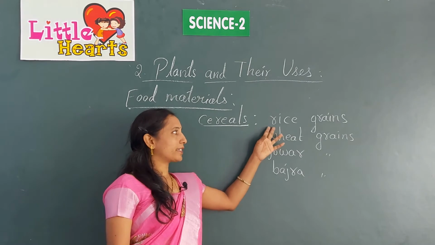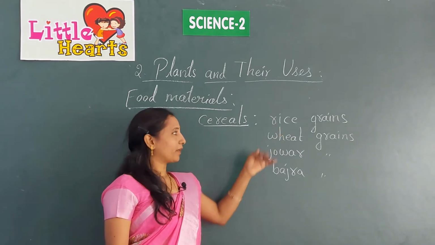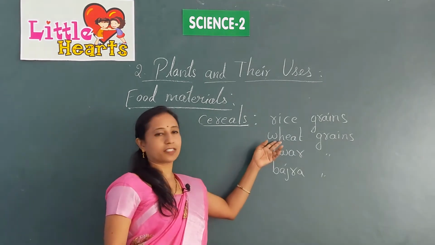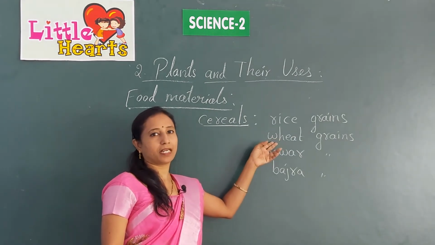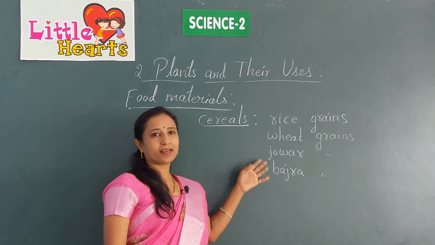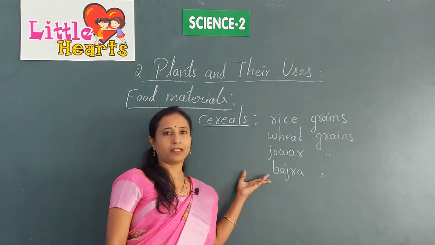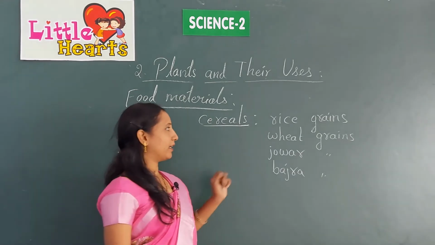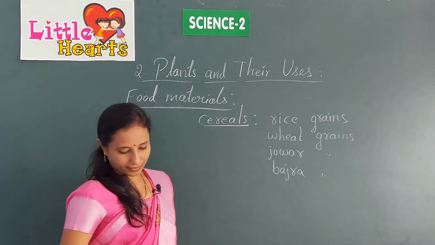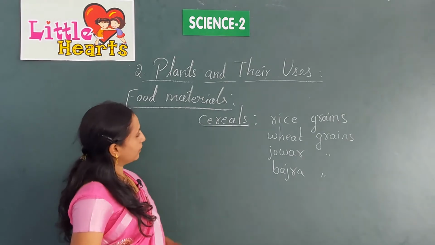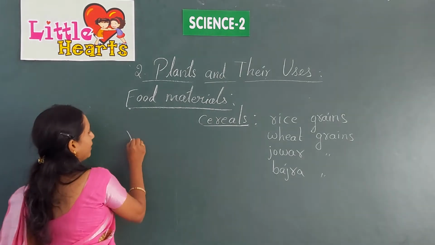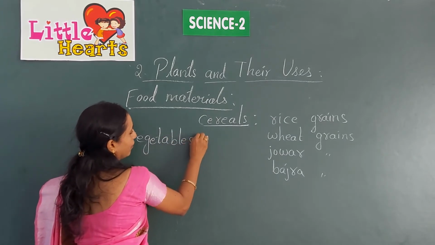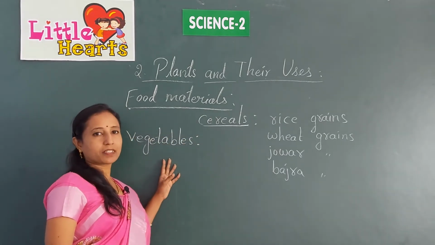Our staple food is rice, and in many cold places they use chapatis, which are prepared from wheat. Jowar and bajra are also eaten by some other people who live in different kinds of areas. Next one is vegetables. What kind of vegetables do we get from plants?